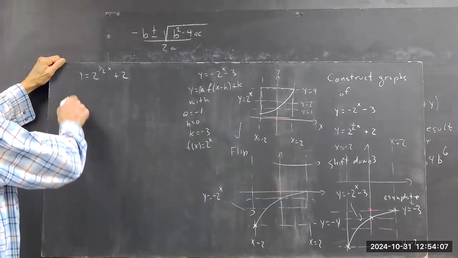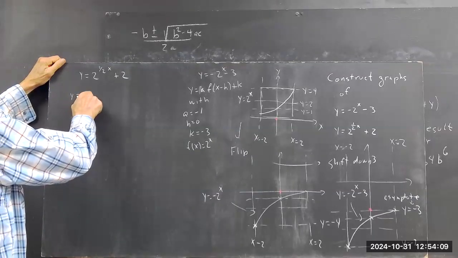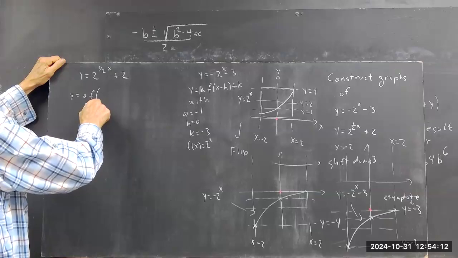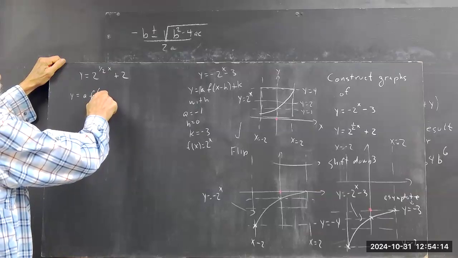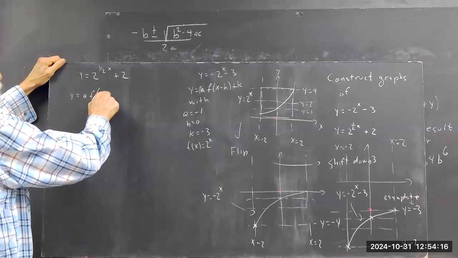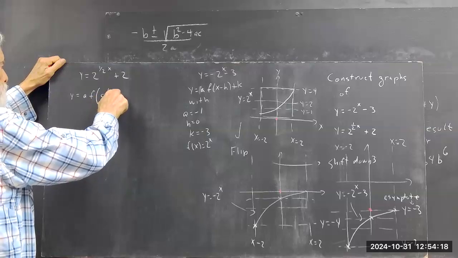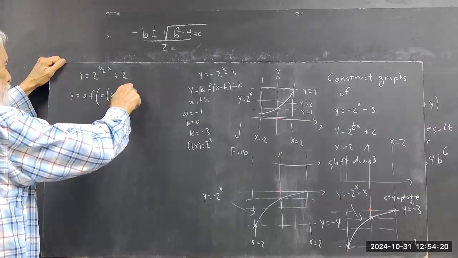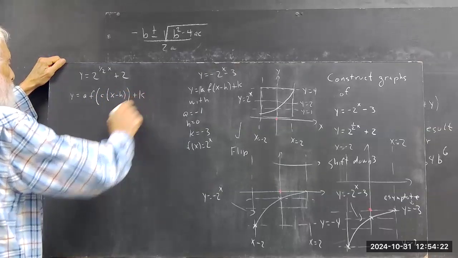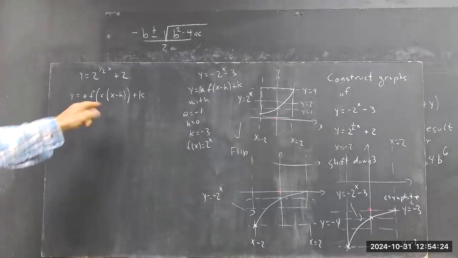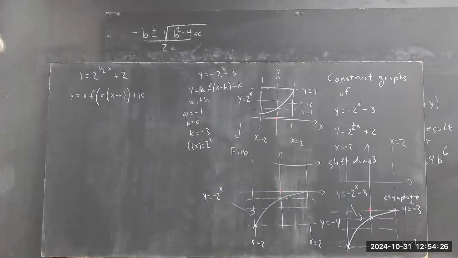You have to write this as y equals a f of c times x minus h plus k, which is a little tricky in some ways.